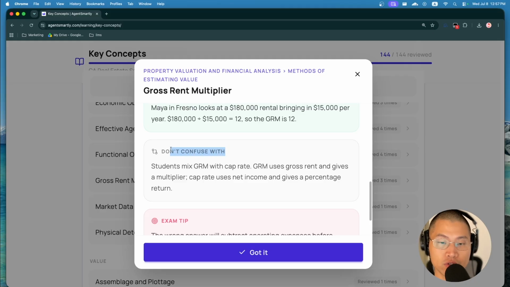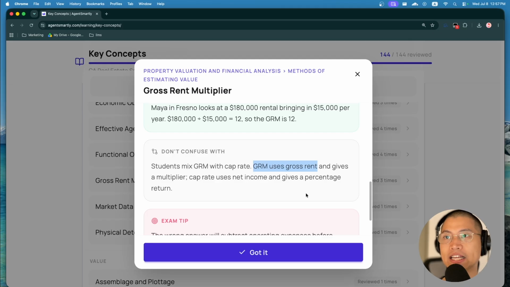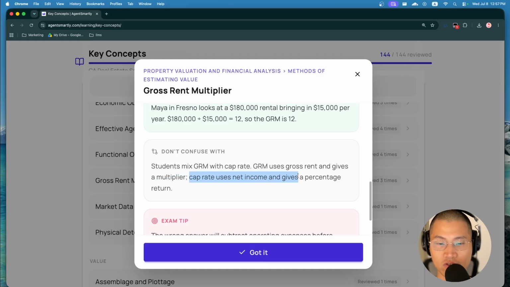And do not confuse GRM with the cap rate. GRM uses the gross rent and gives the multiplier, which is in years. You can think of the multiplier as how many years of rent it takes to purchase the property itself. Cap rate uses the net income and gives you a percentage. So it's not a number, it's a percentage.